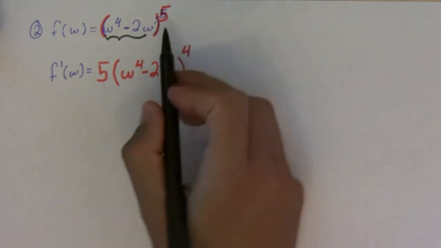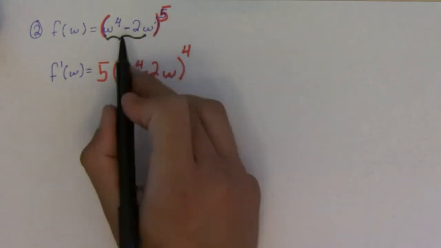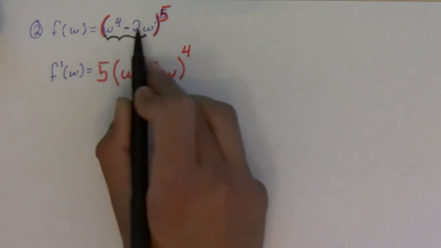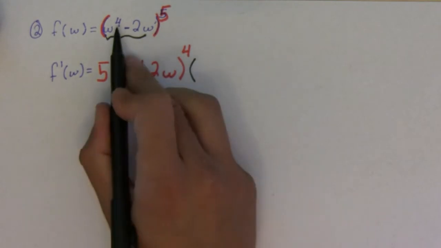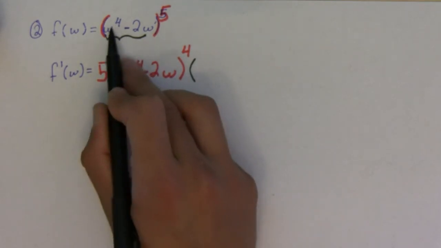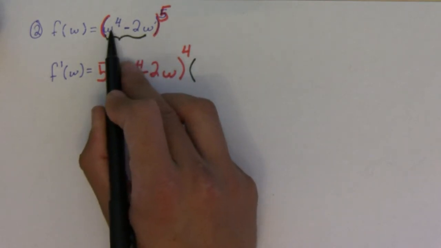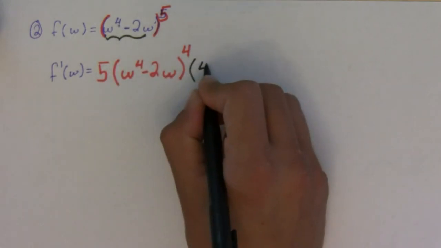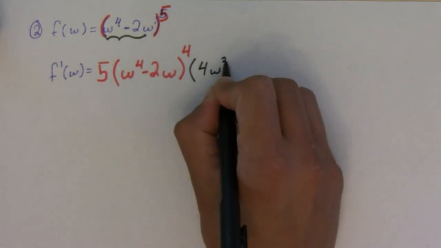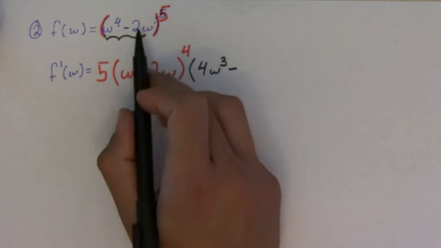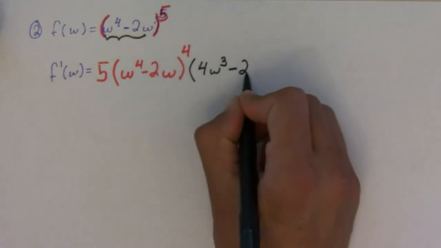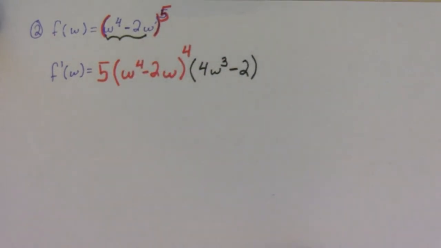Okay, then we move in, and now we're going to get the derivative of the inside. So the derivative of the inside is going to be, well, inside we have to use the power rule again. So the derivative of w to the 4th, that's 4w, subtract 1, we get 3, minus the derivative of 2w is just 2. And there we've applied the chain rule.